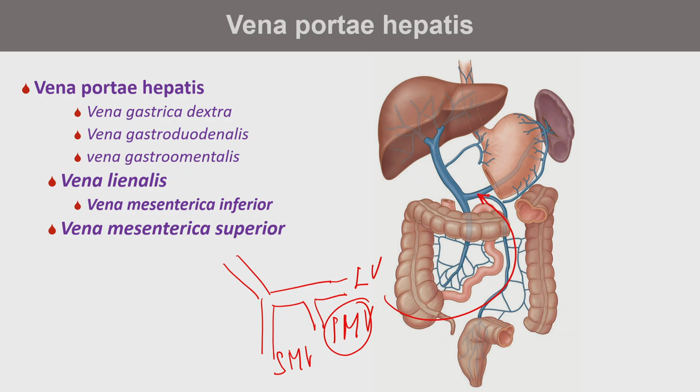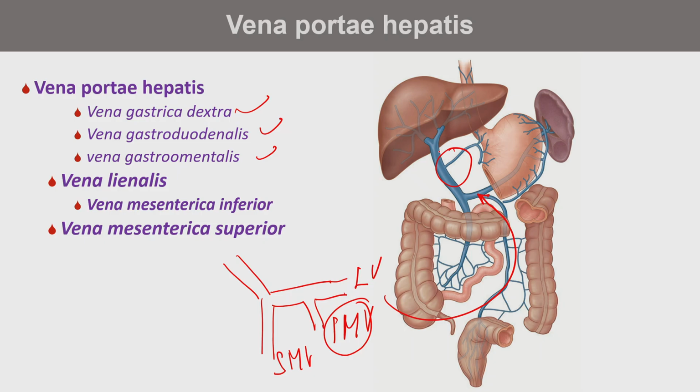But then we know that we have some arterial rings around the stomach. One is localized at the site of the smaller or lesser curvature, the second is on the greater, and those rings, gastric and gastroduodenal and gastromental, are also inflowing into the portal vein.